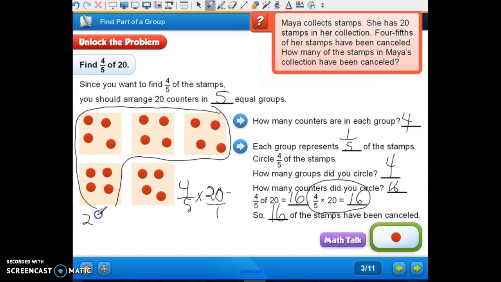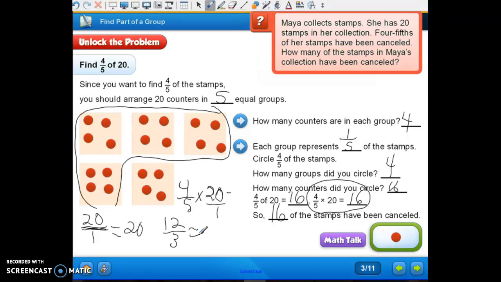Right. Remember, how many 1s are there in 20? 20. And I told you before that when you have a fraction, this fraction bar line can really mean divide, right? If I had 12 thirds, what would I simplify that to?